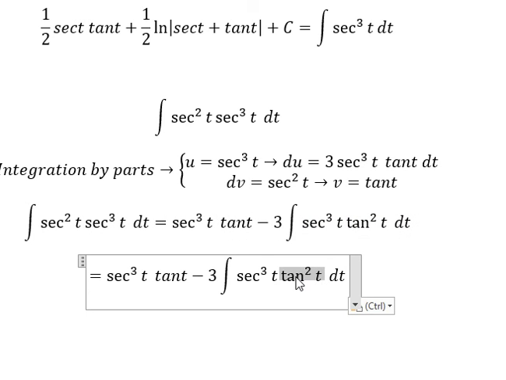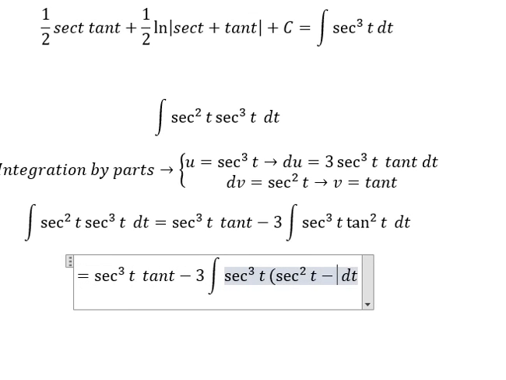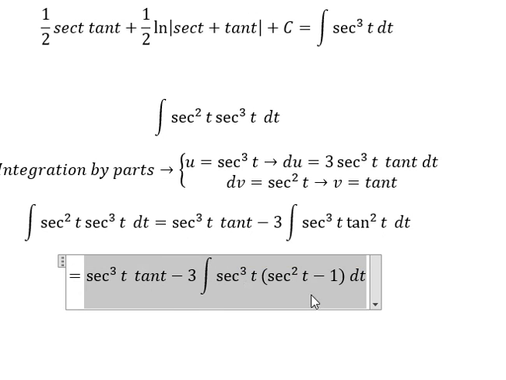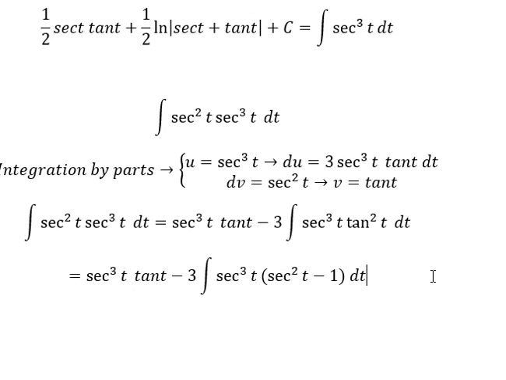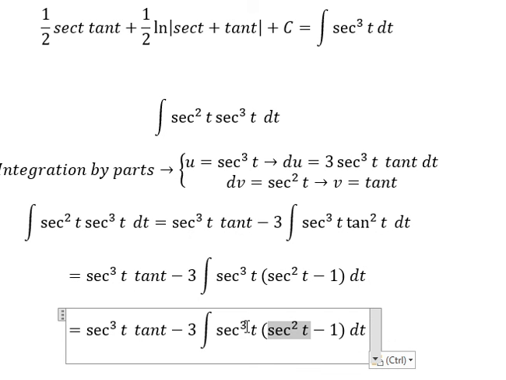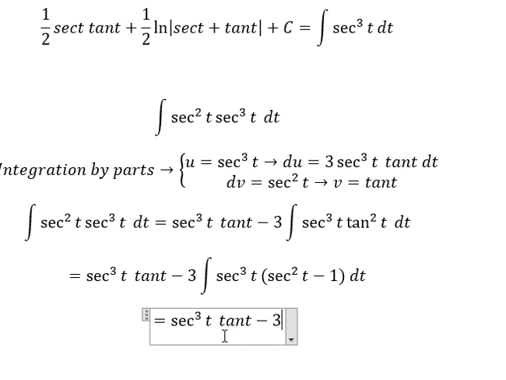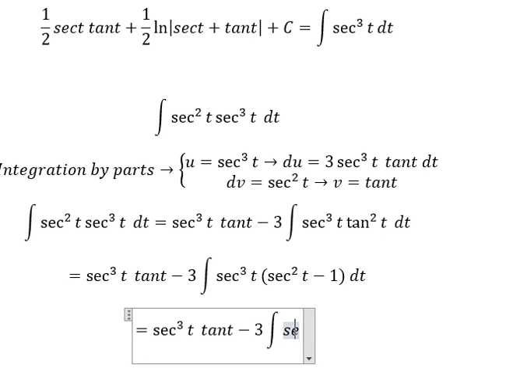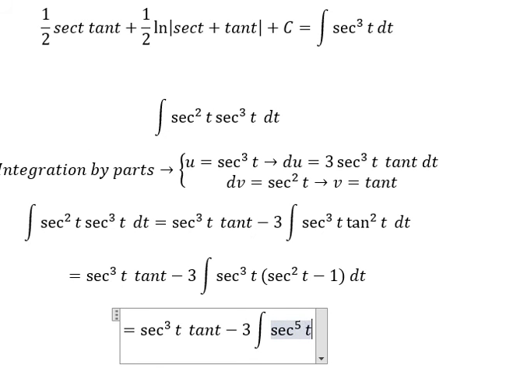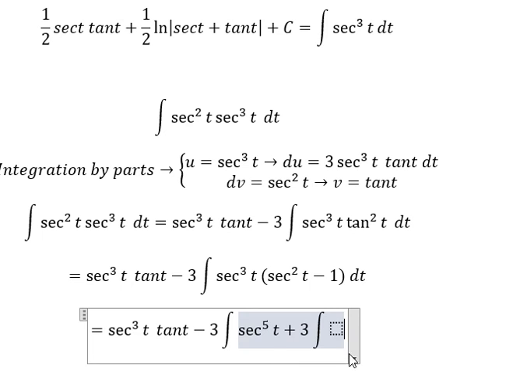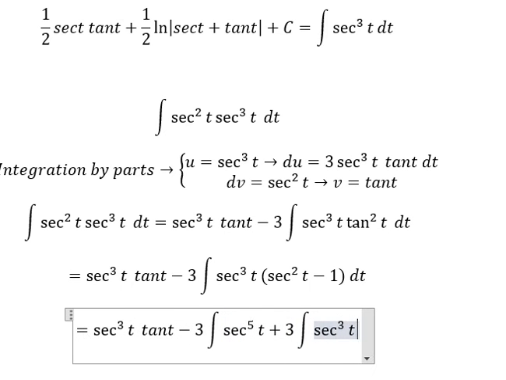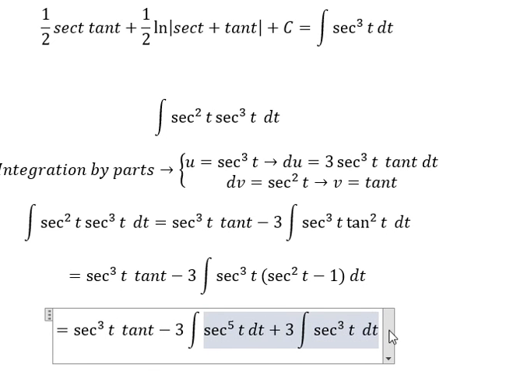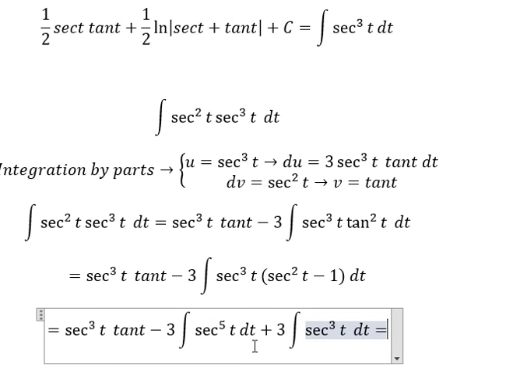Tan t squared is secant of t squared minus 1. So you get secant of t squared multiplied by secant of t to the power of 3, and 1 multiplied by secant of t to the power of 3. So we will get the integration of secant of t to the power of 5 plus 3 times the integration of secant of t to the power of 3 dt, and this one equals to the integration.